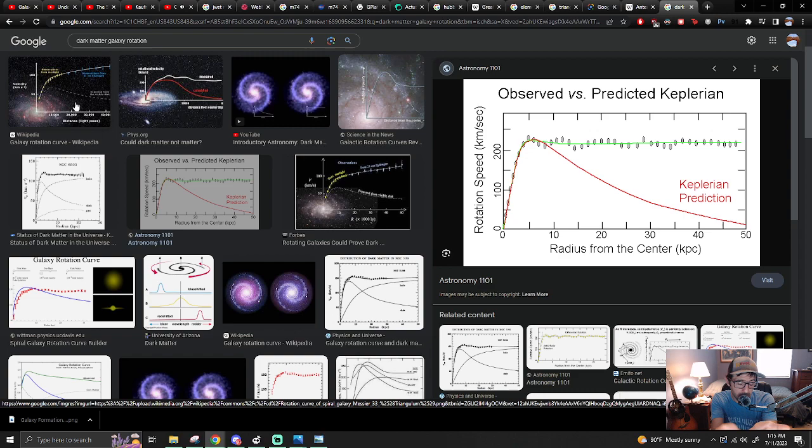But if we look at the way this is done, what happens is we measure the radius of a galaxy. We say this angle to this edge, this angle to that edge, and then its distance.